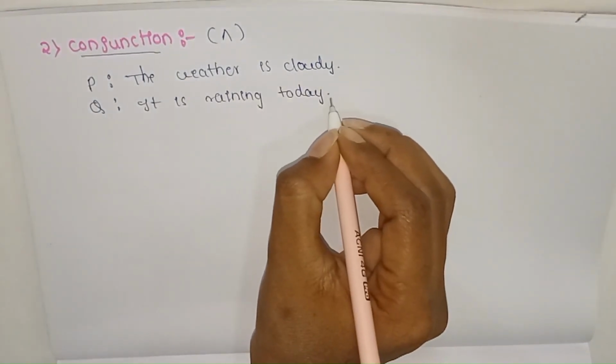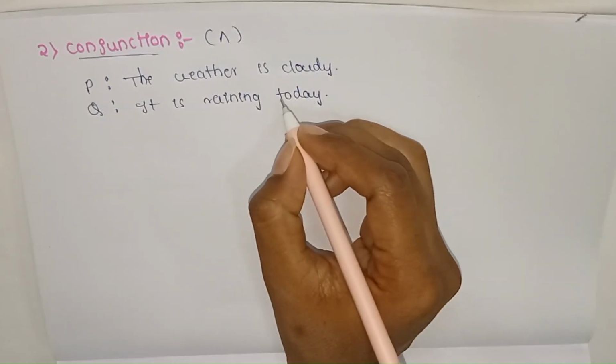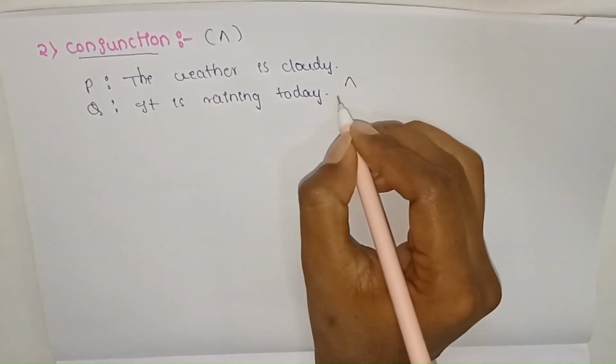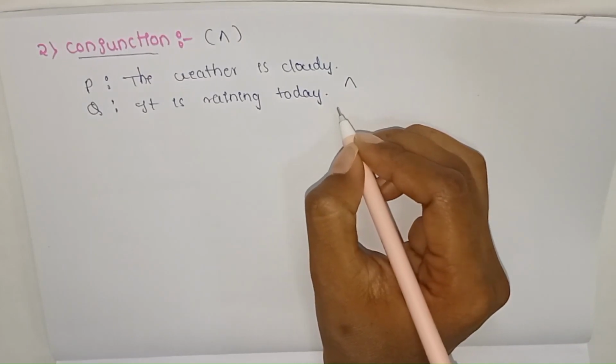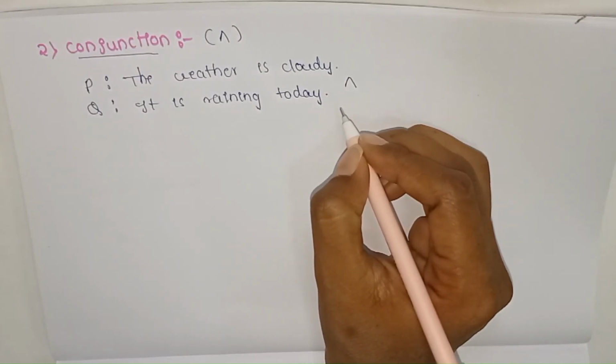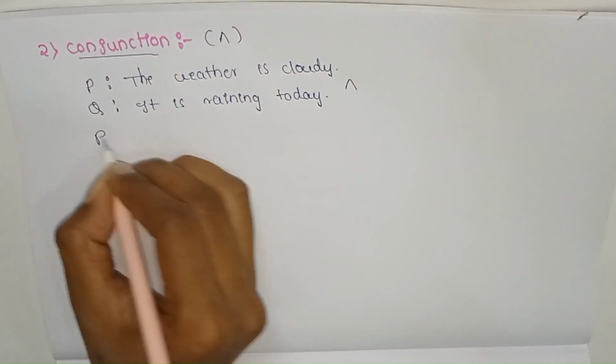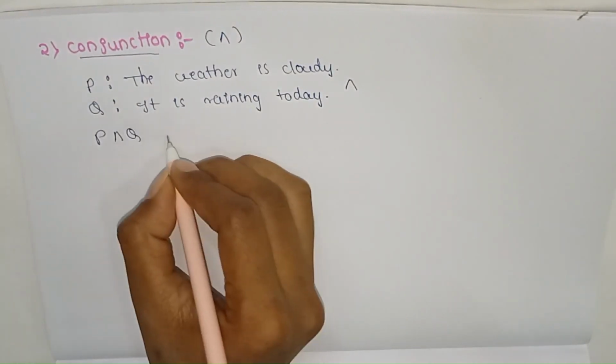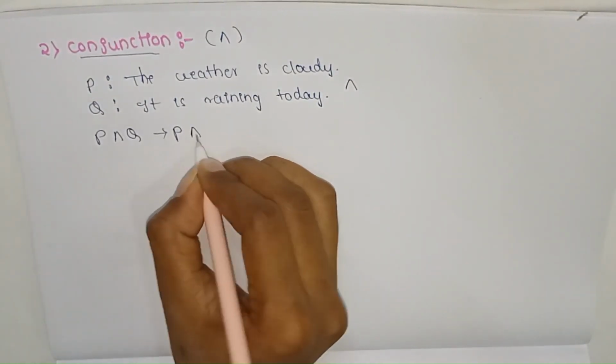Let us apply the AND operation to these two statements. First, let us understand what this AND operation is. P conjunction Q reads as P and Q.